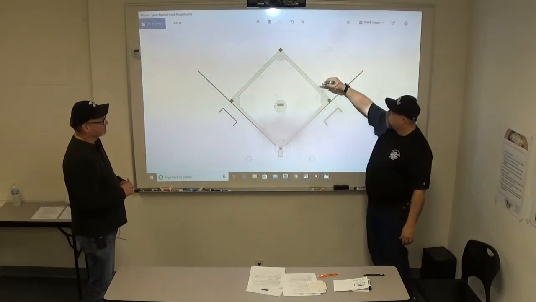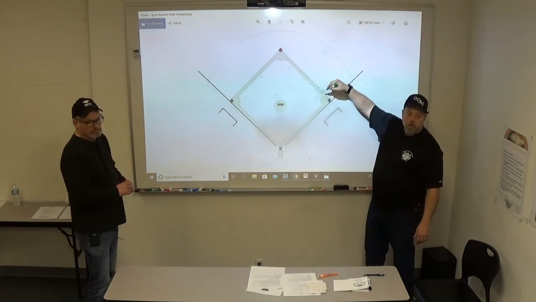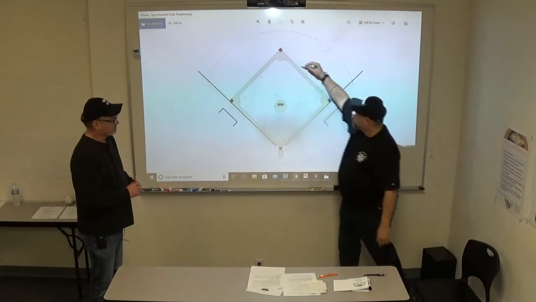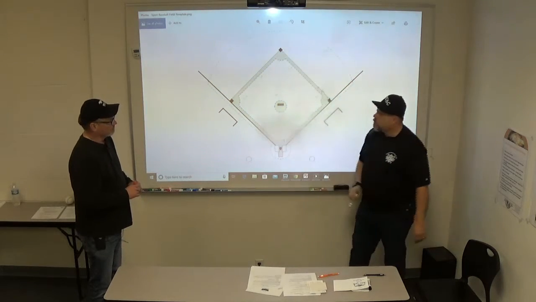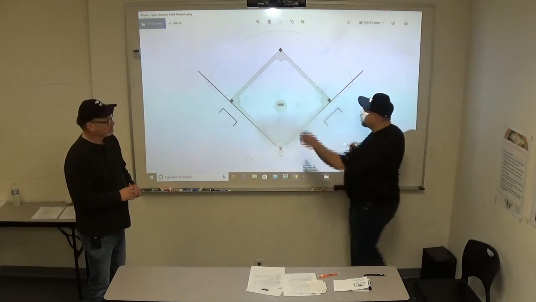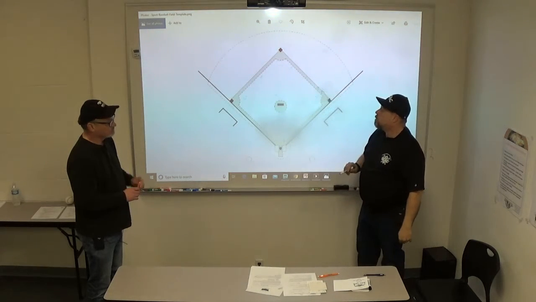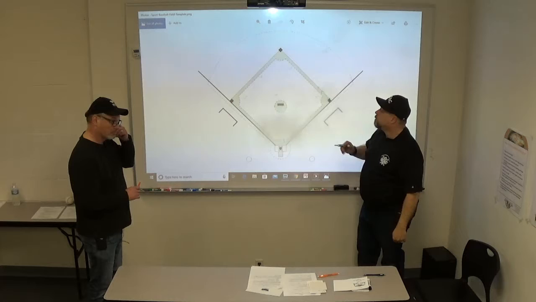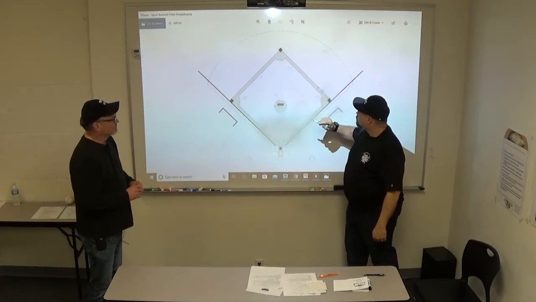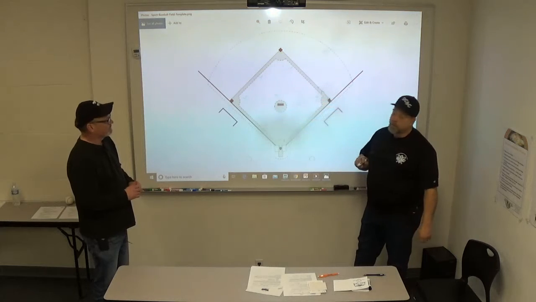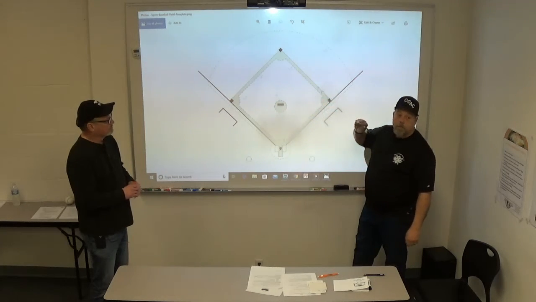If these two run into each other, either way, obstruction or interference, and this runner continues on to here, then you've got something to call. But if that runner never makes it there, I guess I'm going about this the wrong way. To make the call, the ball has to pass an infielder first.